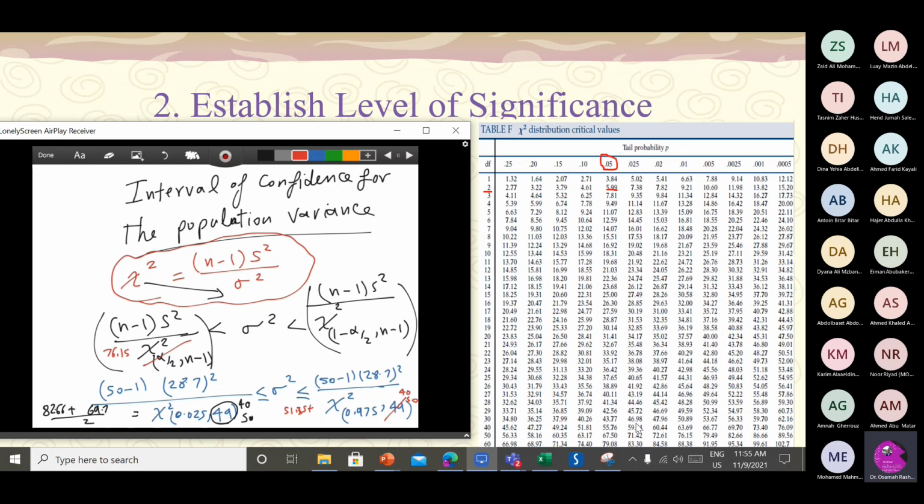And I reach 59.34. Okay, and the other one 71.42. So what is the average of this one? 65.38. Now, my sigma will lie between what and what?